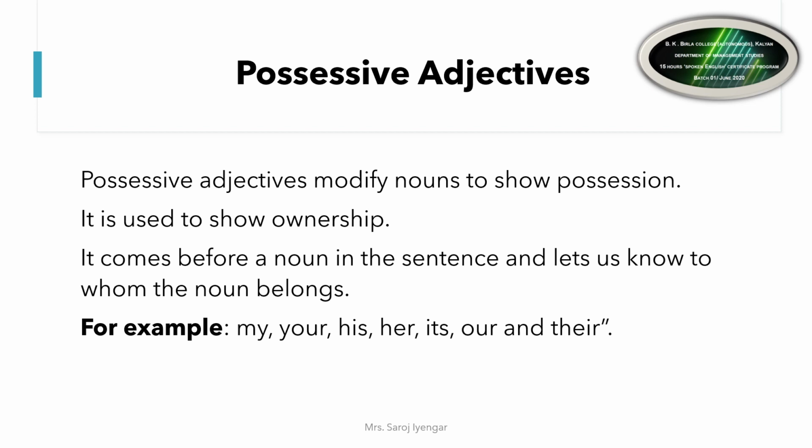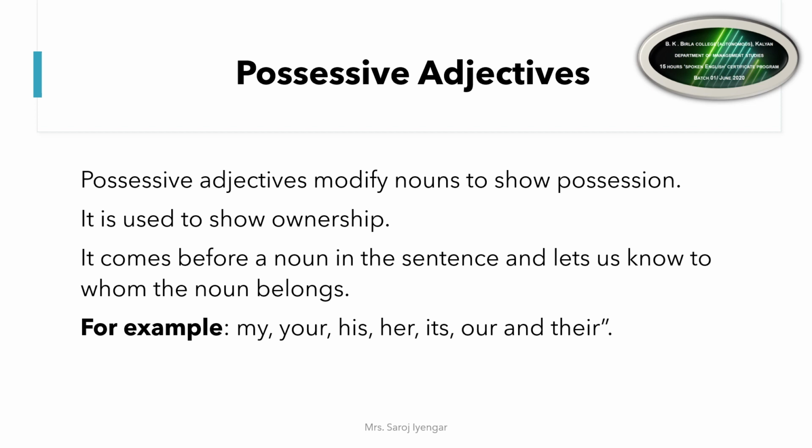Now when I again repeat the sentence, she likes your hat, the possessive adjective your sits before the noun hat to tell us who owns it. Yes or no? So she likes your hat. Your is a possessive adjective. It is coming before the noun hat, and it is helping us to know who owns that hat.